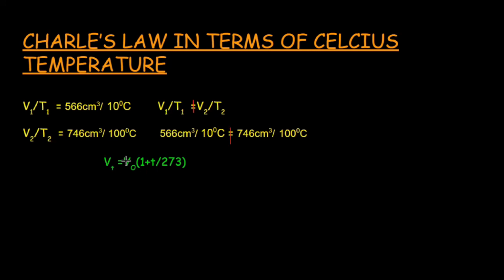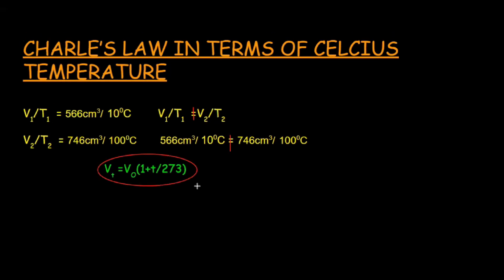And Vt is the volume at any temperature and V naught is the volume at 0 degrees Celsius. So this equation is used for calculation of volume when temperature is taken in Celsius scale, and this equation is used for calculation of volume when temperature is taken in Kelvin scale. Both these equations are interconvertible.